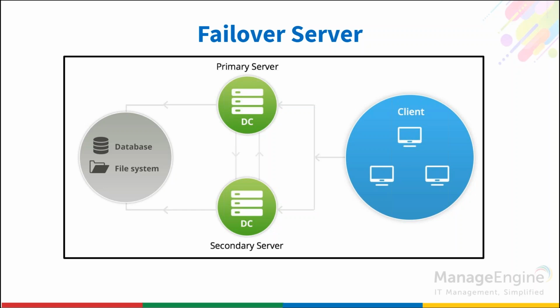It is commonly available for both the primary and secondary server. So when the primary goes down, the secondary server will serve the clients, regardless of the other server being down. This way, you can ensure that the server is available all the time, even if there is any failure on the primary one.